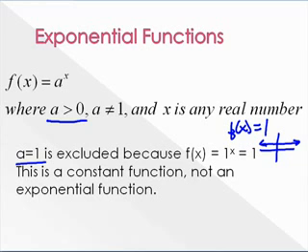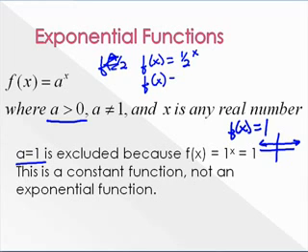But we might have a base of a fraction, like a half. I'm going to write it like this. f of x is equal to (1/2) to the x. We could have f of x is equal to 4 to the x. So those are exponential functions.